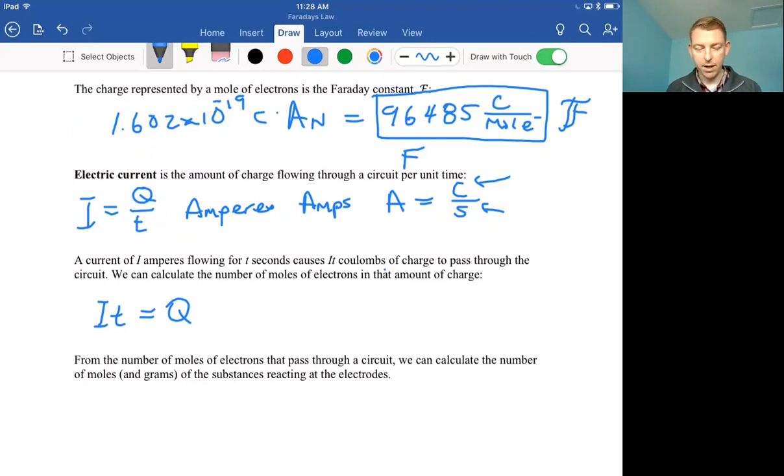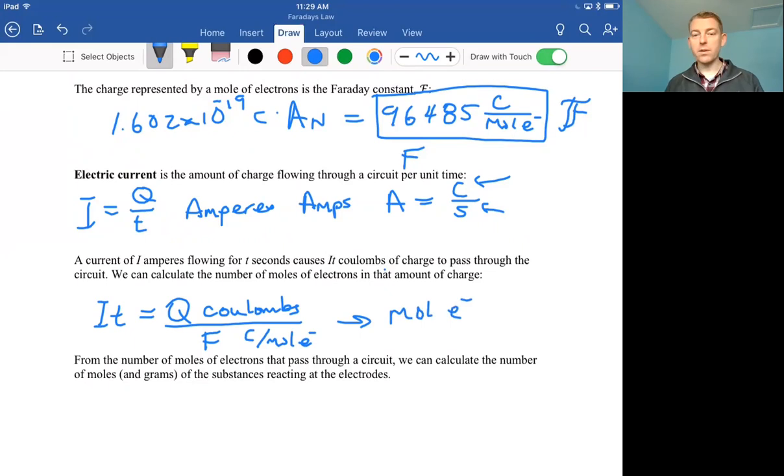So now we'll just have an amount in coulombs. And if we take that amount and divide it by Faraday's constant, which is coulombs per mole of electrons, we end up with moles of electrons. So this is the number of moles of electrons that pass through the current based on the amperage.